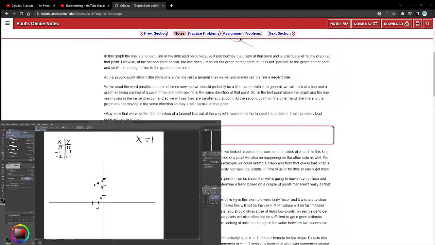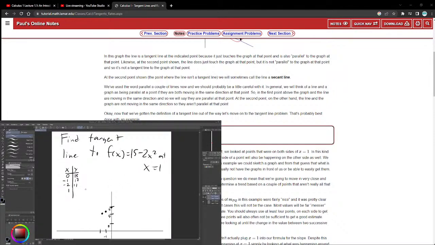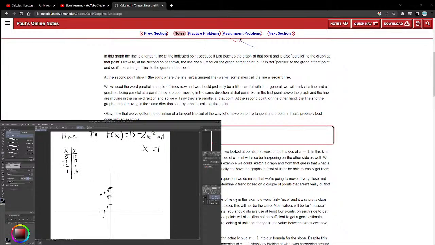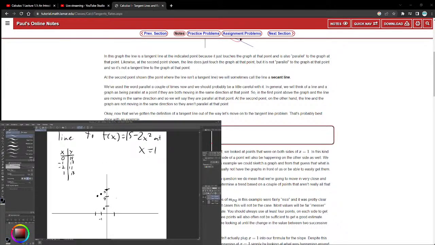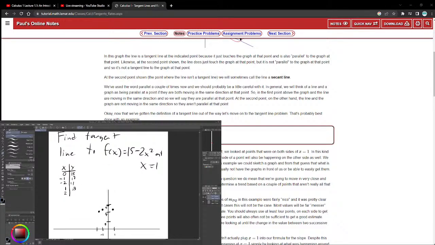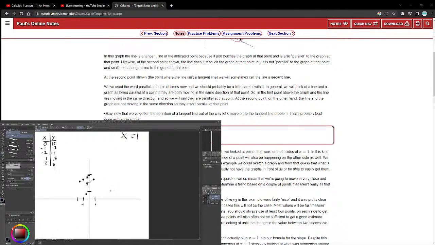So you can kind of see the pattern there. For 1, it's 13. And then 2, I'm going to guess is 11.